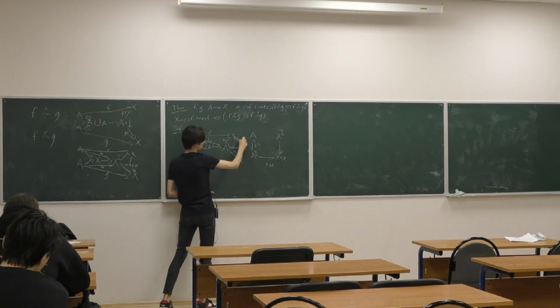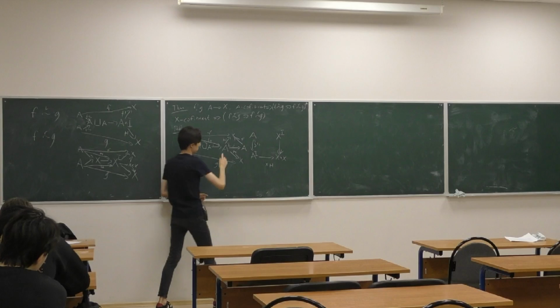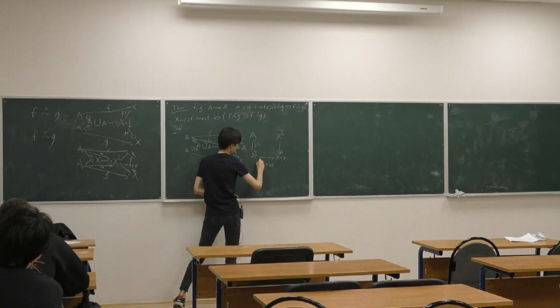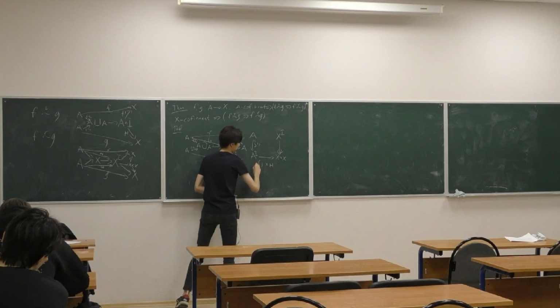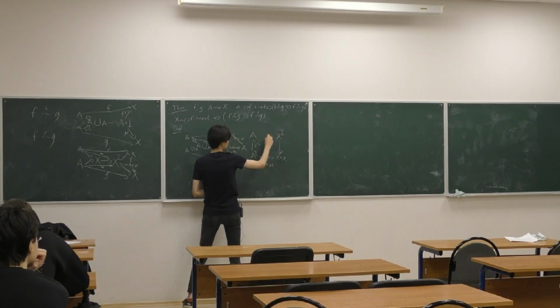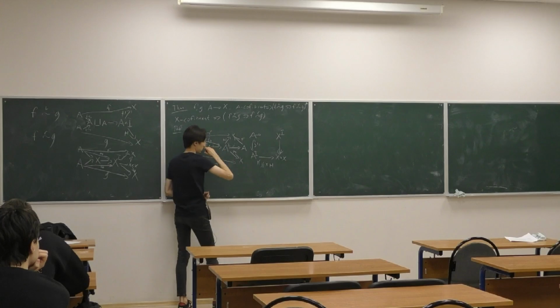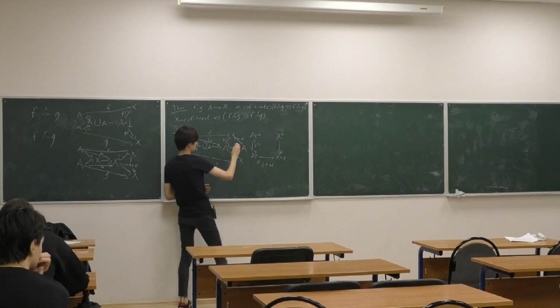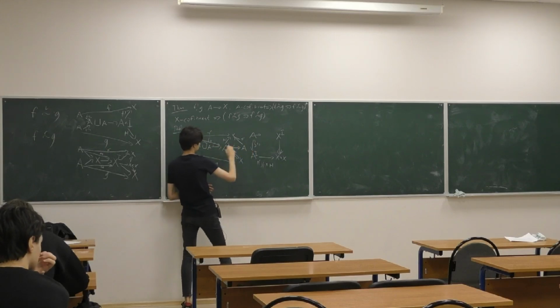Here, this is just F. So this map is just Fj. And what is this map? This map is actually a composition of two maps.